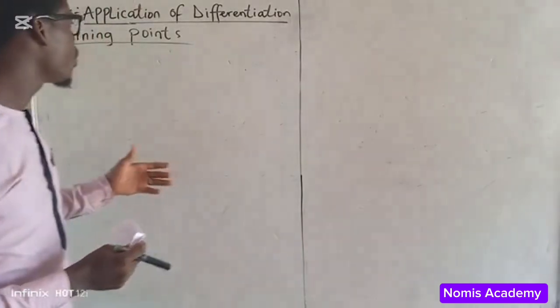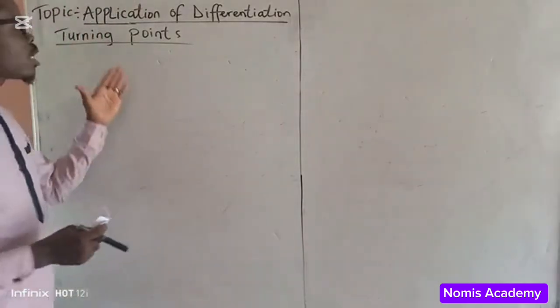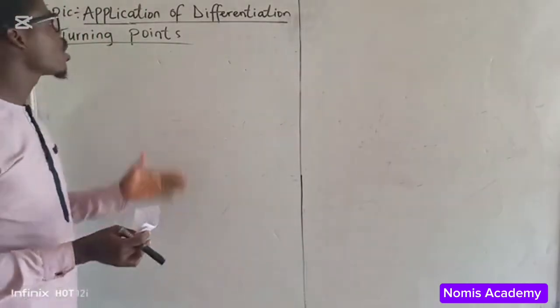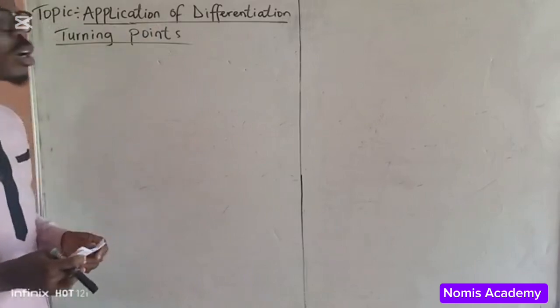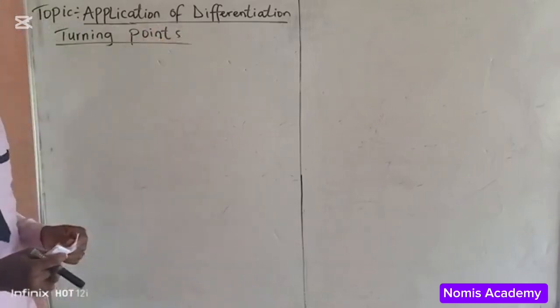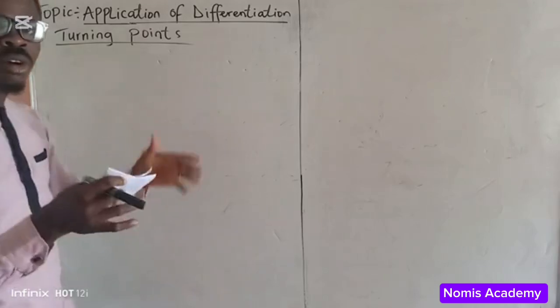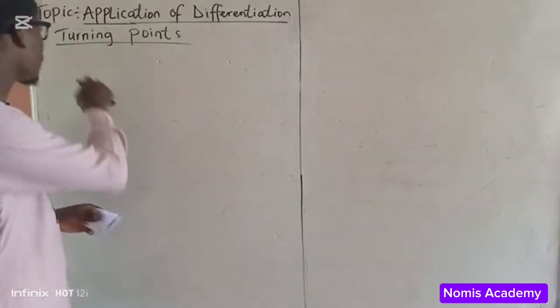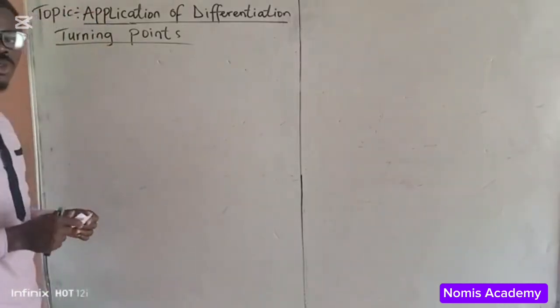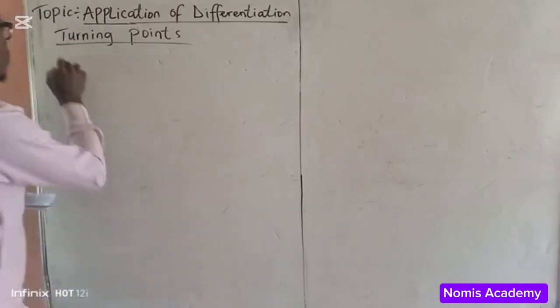In this video, we are going to learn how to find the turning points of a curve under the application of differentiation. Now, a turning point occurs on the curve at the point where dy/dx is equal to 0. So let me write it.